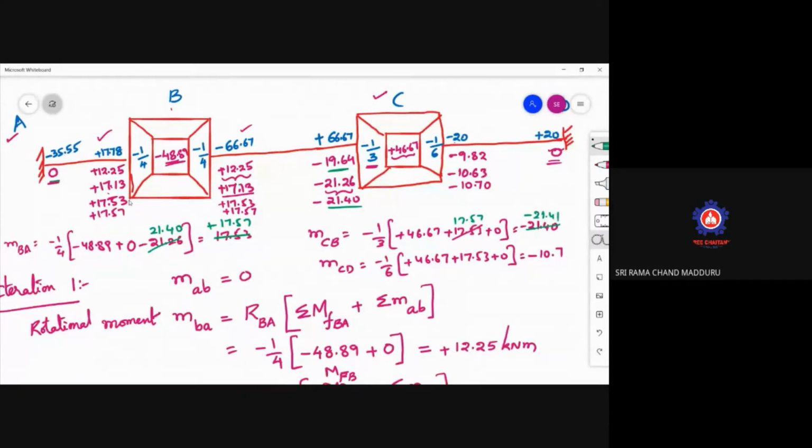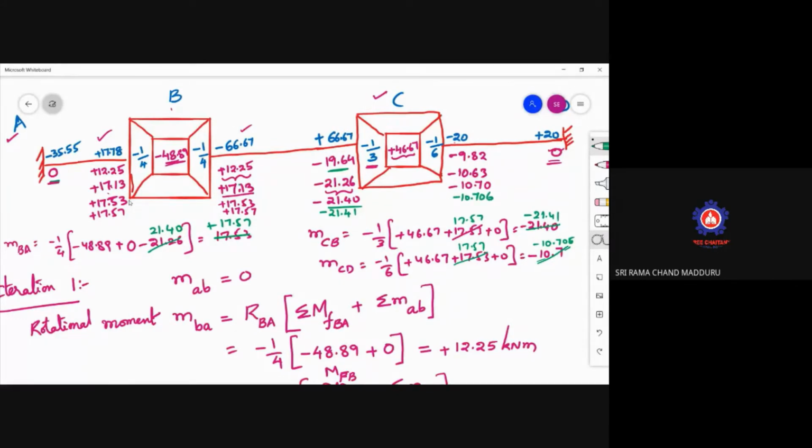And this will become, substituting 17.57, minus 10.705. 706. Okay, that is 706. So the value here is minus 21.41 and the value is minus 10.706.